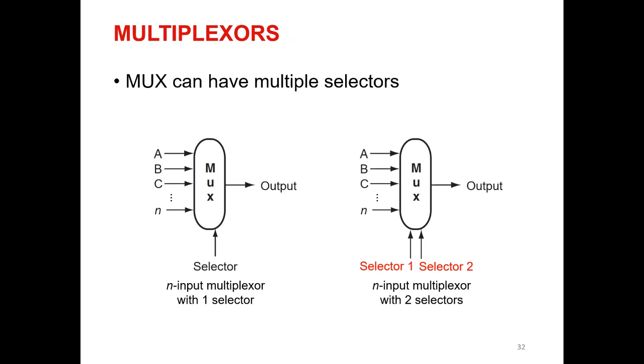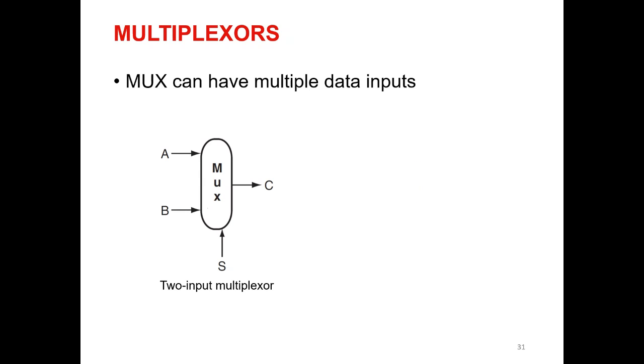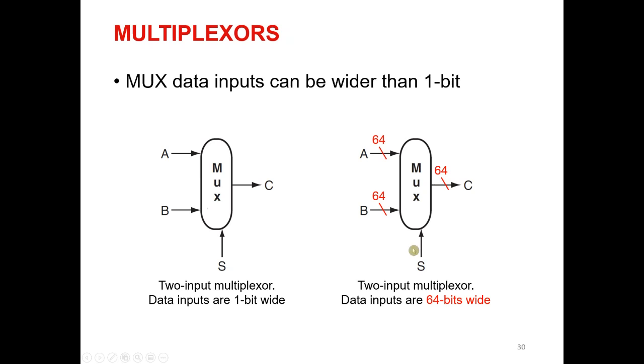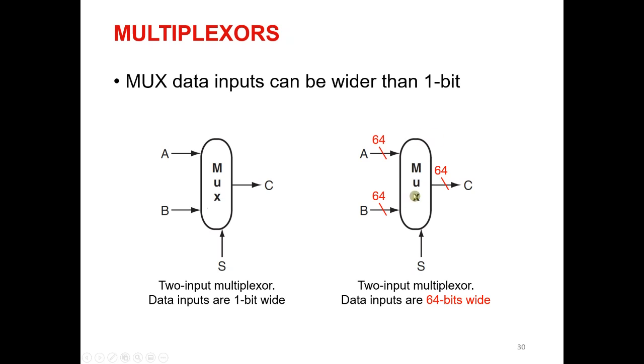Selectors are usually 1 bit, but to be honest, I'm not sure if we can have a selector of more than 1 bit. I think we use 2 selectors for that purpose, but I will check, because in the book I only see that what can be wider are the data inputs, not the selector. I will let you know in the next lecture.